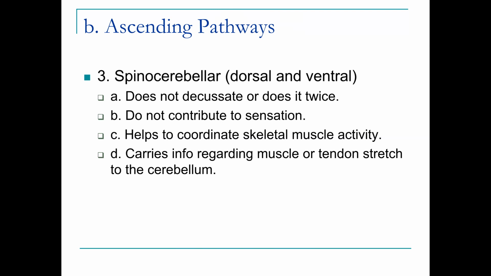Left lobe of the cerebellum controls the left side of the body. So this is right side, left side. So if it decussated for whatever reason, in other words, if it crossed over, it would have to cross over twice, because it's going to have to come back, because it's on the same side.